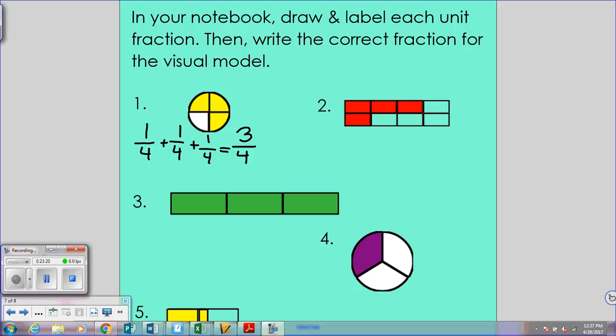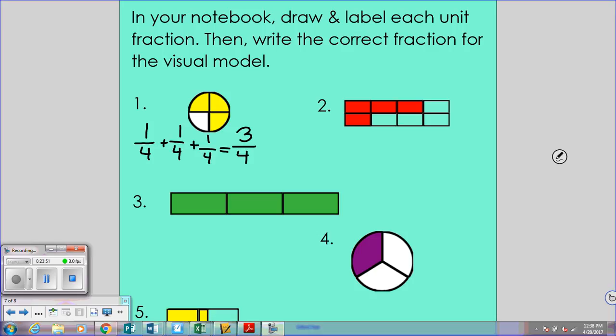Let's start with number 2. How many pieces is this broken into? How many pieces is number 2 broken into? What's going to be my denominator for number 2? Corbin? What's going to be the denominator? Nope. I need to know how many pieces equal my whole for number 2. Are you looking at number 2?